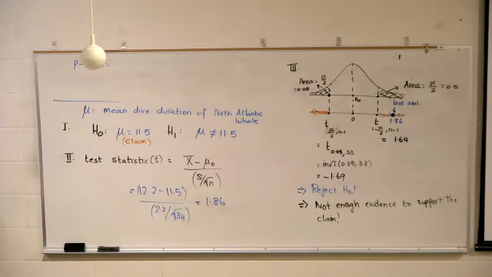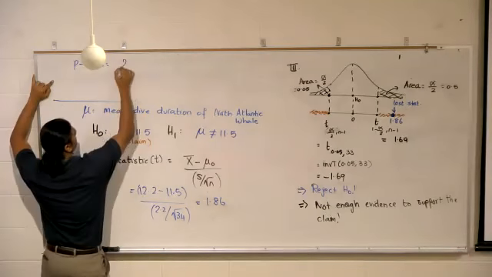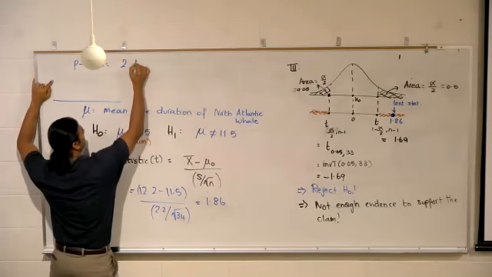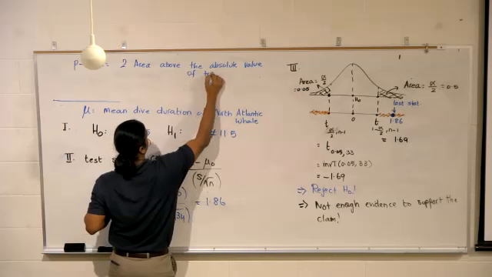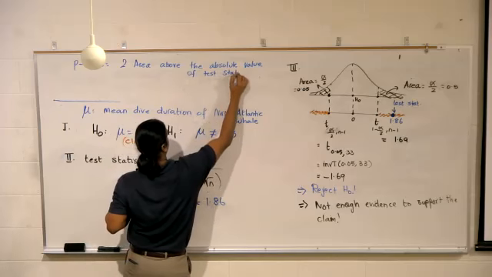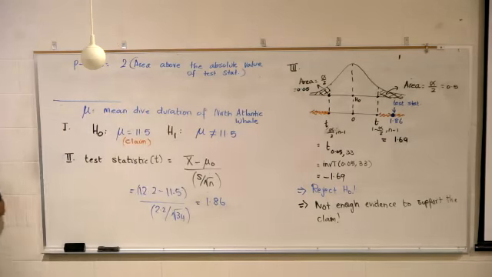In this case, since we have two tails, and this is a two-tailed test, the p-value is 2 times the area above the absolute value of the test statistic.